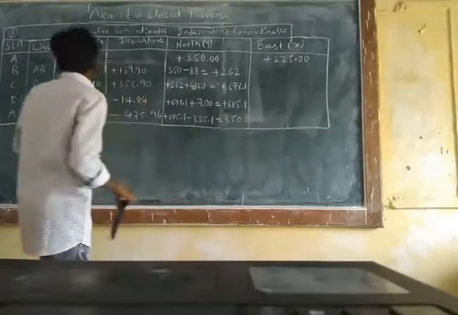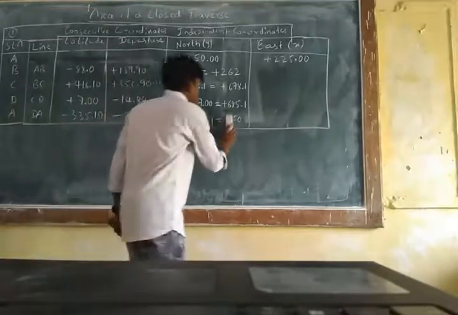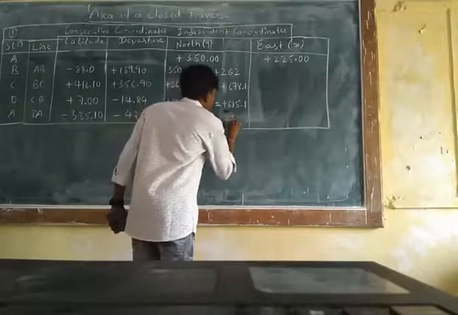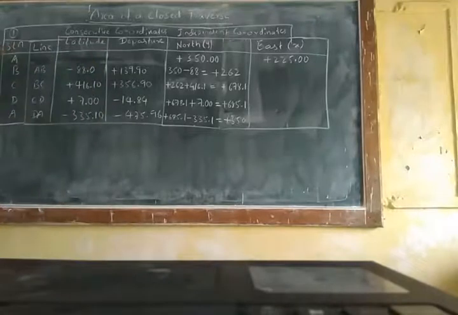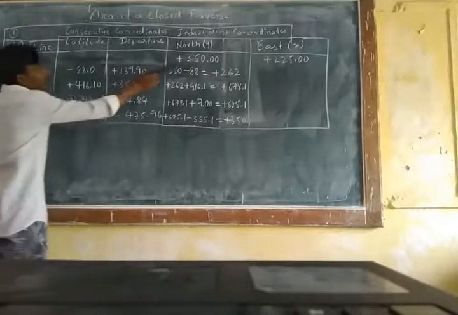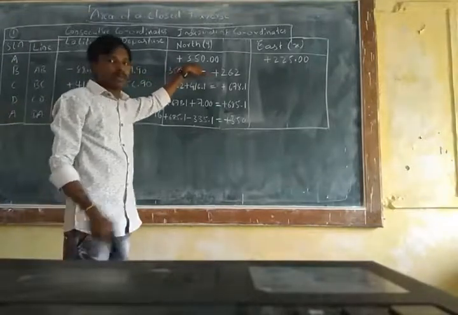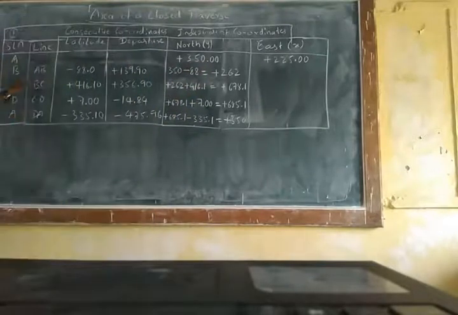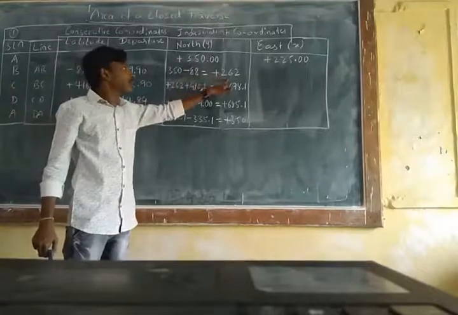Okay, now look at here, let's consider the stations now. See, for the station A we had the independent coordinate 350, so that is the assumed point. Now for the B we have calculated the independent coordinate and we got 262.